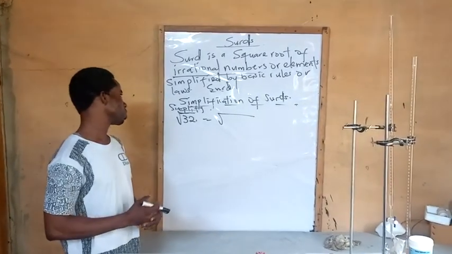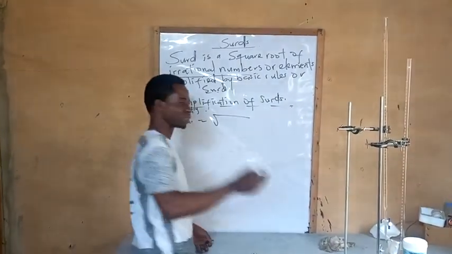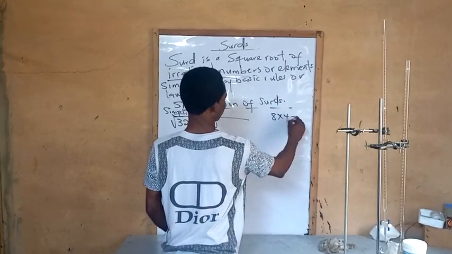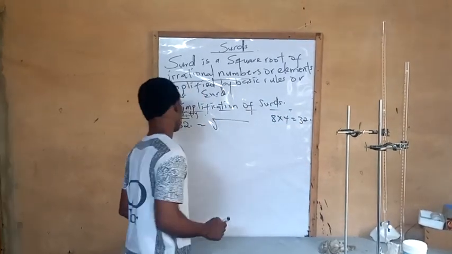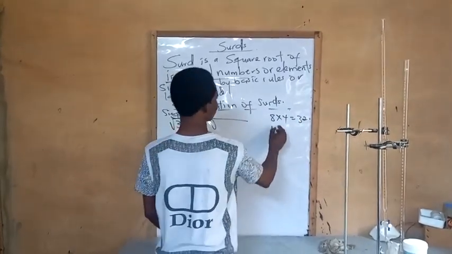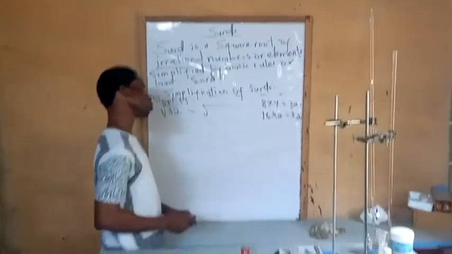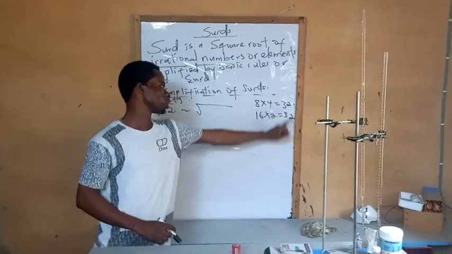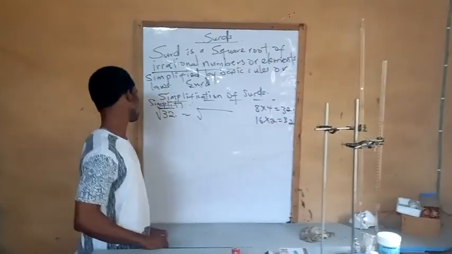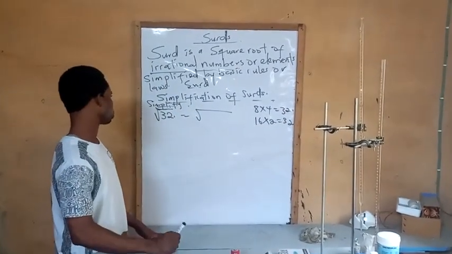We all know that 8 times 4 will give me 32. Also, we know that 16 times 2 will give me 32.